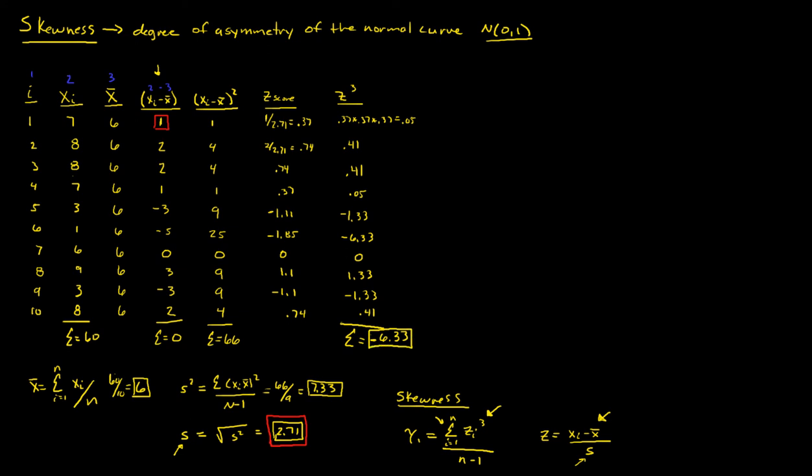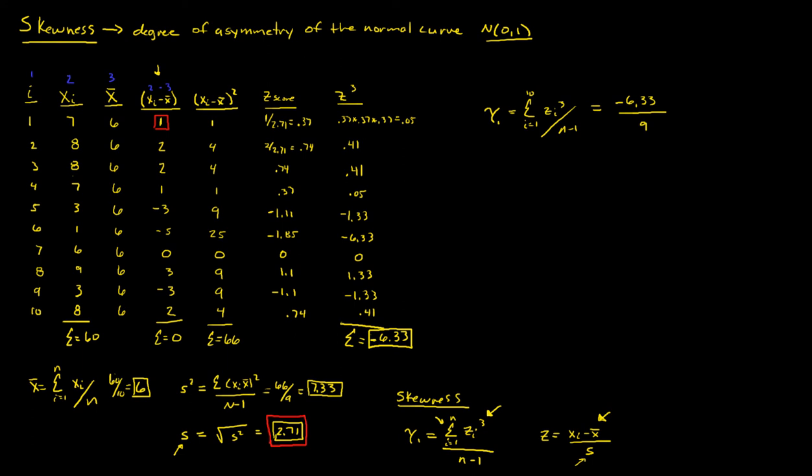All right, so that's now going to be our numerator in this piece over here. So if we're simplifying this term, this gamma 1 is going to be the sum from i equals 1 through 10 of the zi cubed scores divided by n minus 1, which will now become this negative 6.33 divided by 10 minus 1, which is 9.